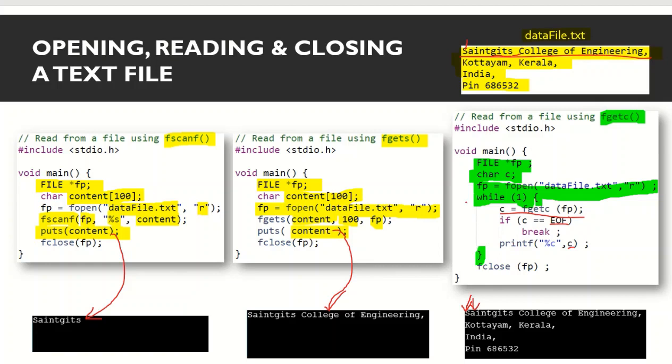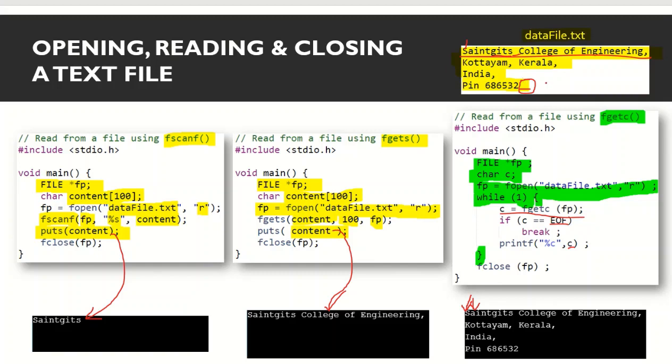In this way it will read all these values, including the white spaces, new line characters, tabs, everything. And at the end it will encounter an end of file character. That is, in the text file a character called end of file is automatically inserted at the end.